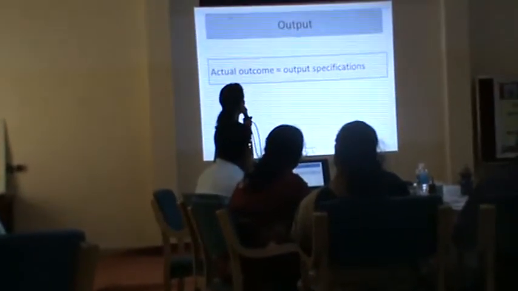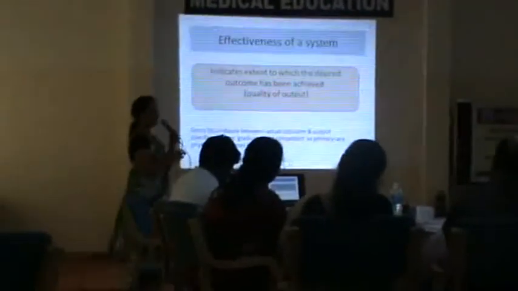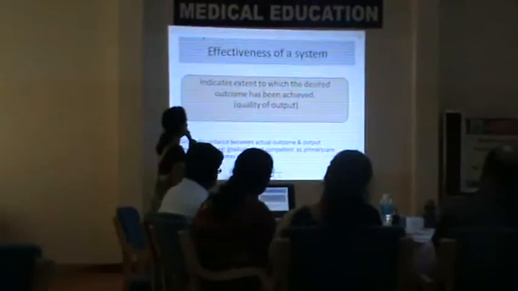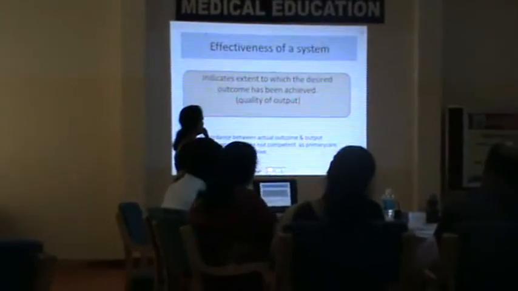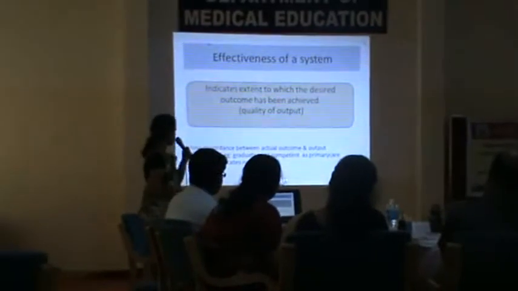If the actual outcome is as expected, as per the output specification, we are very happy with the system. We say the process is effective in achieving the outcome. So we say the system is working very effectively, which indicates the extent to which the desired outcome is achieved.